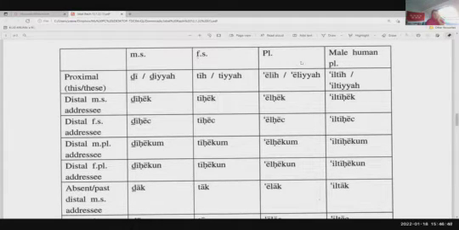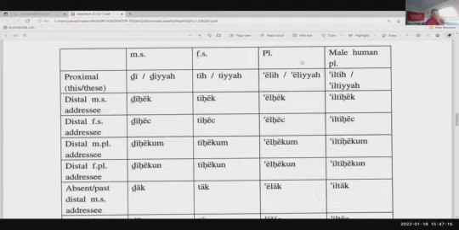So what's interesting about this in terms of animacy is that there's a distinction between plural and male human plural, and this is something that we found in Rijal Alma as well, where you get one particular demonstrative for inanimate plural and another for human plural.